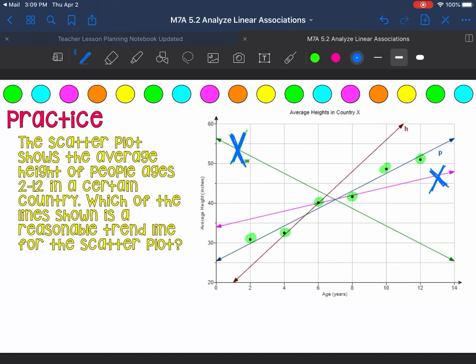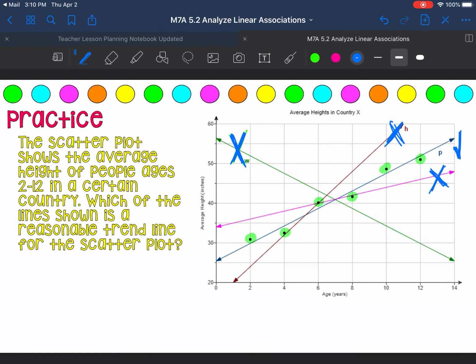Okay, so now let's go to P. All right, well, P's right here. P's close to all of the dots, that blue line. So I think P would probably be pretty good. Let's just double check and make sure that H isn't better than P. So H, it looks like we might have the same problem we had with T. It's close to 2 of the dots, but it's still missing 4 other dots.